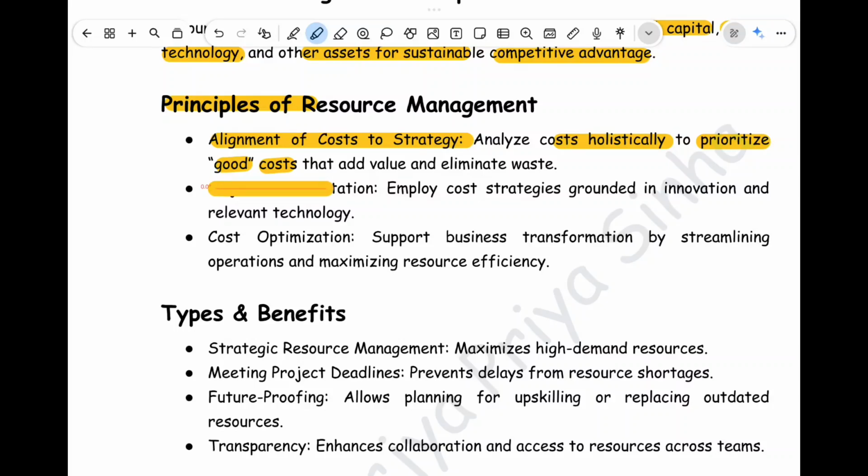Second is objective orientation. Employ a cost strategy grounded in innovation and relevant technology. Next is cost optimization. Support business transformation by streamlining operations and maximizing resource efficiency. So these are the principles: alignment of cost to strategy, objective orientation, and cost optimization.